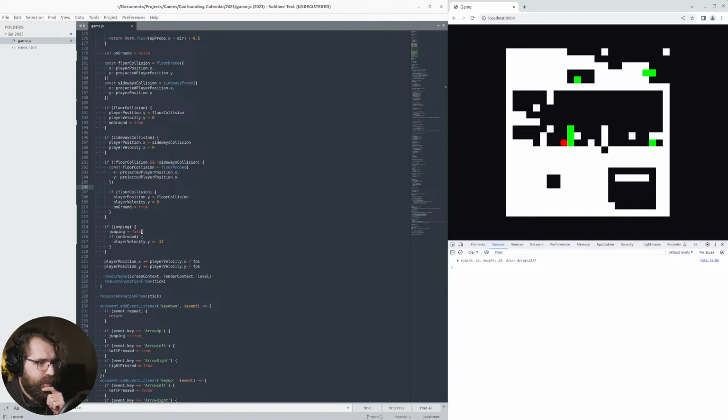So then what I basically want is not if on ground, but if was on ground less than coyote time ago.